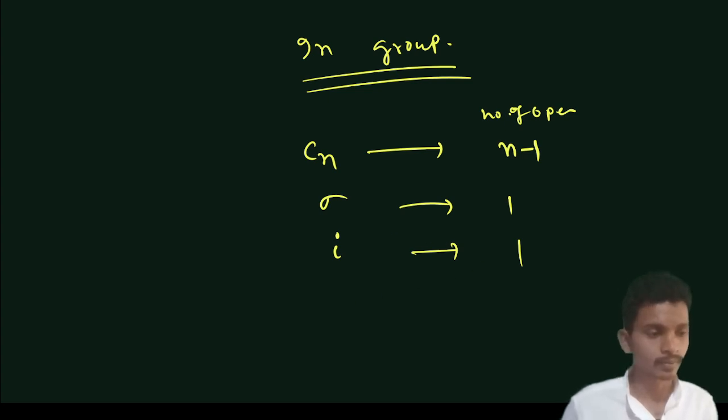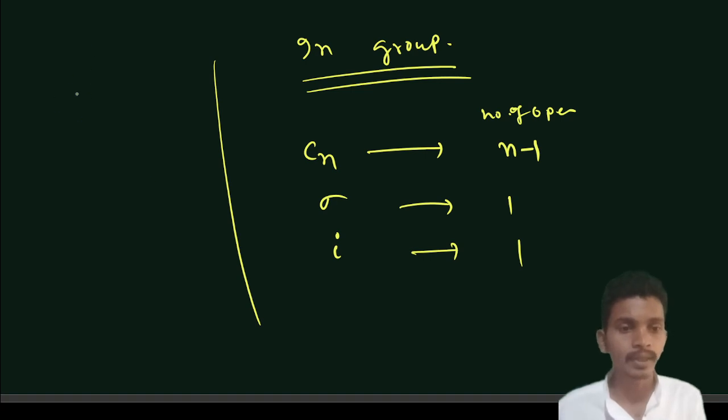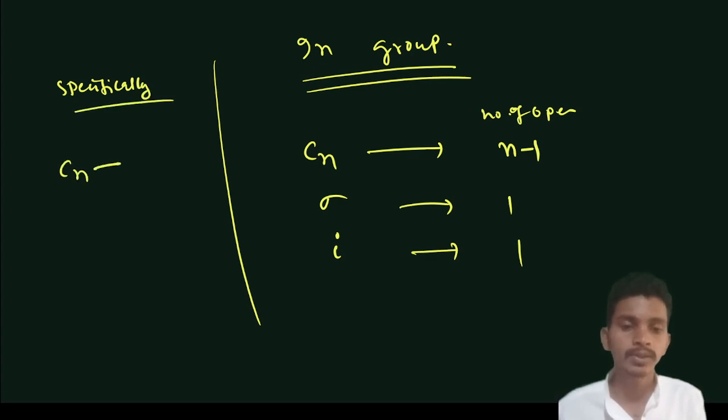And if it specifically says so, then Cn is n, that is the number of operations, and sigma is 2 and I is 2.